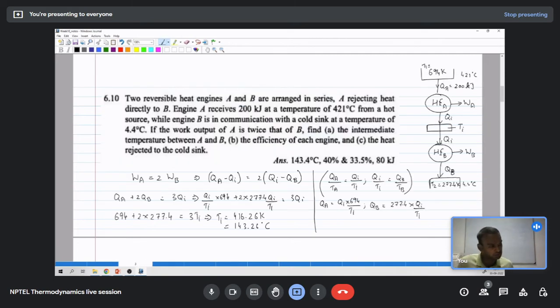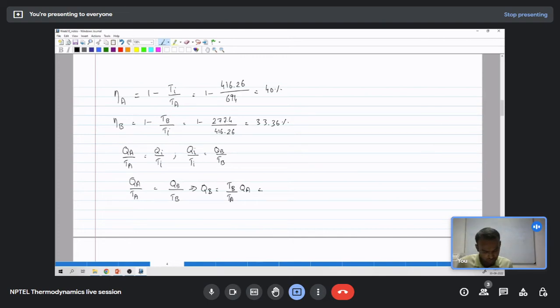So QA is given in the problem as 200 kilojoules. So this is 277.4 divided by 694 into 200 kilojoules. So QB can be calculated. So this is 79.94 kilojoules.